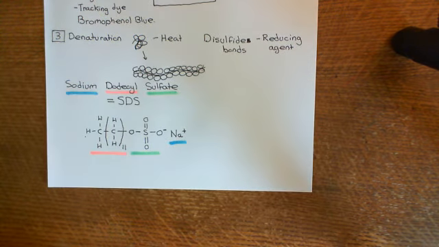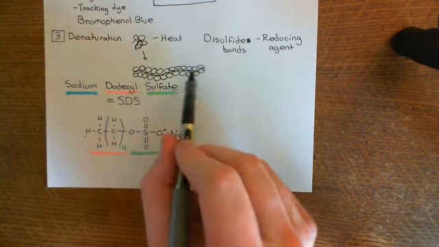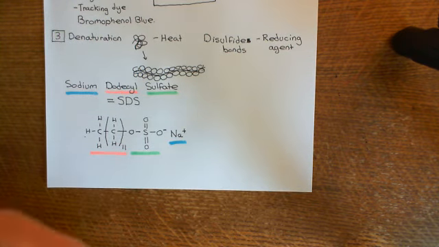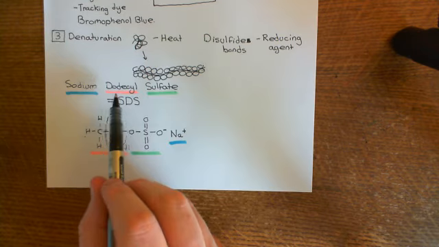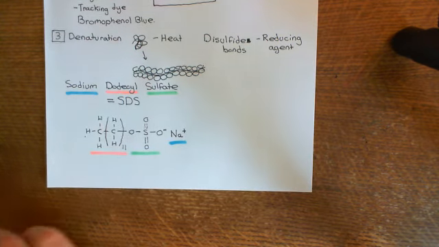So there now we have our polypeptide covered in sodium dodecyl sulfate molecules, and sodium dodecyl sulfate does more than just keep it in the denatured state. It is actually going to perform a really important function, because remember, this is the dodecyl sulfate anion that is coating the polypeptide here.